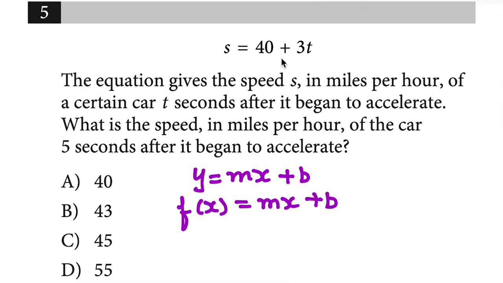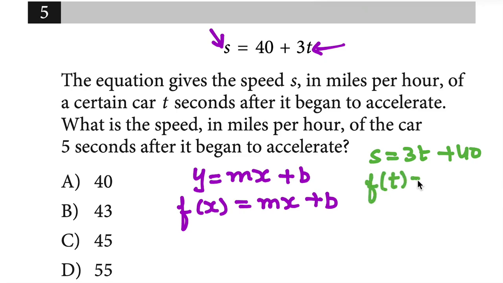Now if I compare it with our equation, here t is the input and s is a function of t. So either I can write it as s is equal to 3t plus 40, or I can write it as f of t is equal to 3t plus 40. And this 3 is the rate of change, right?